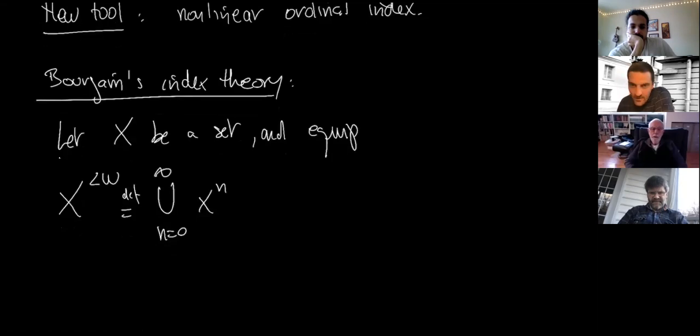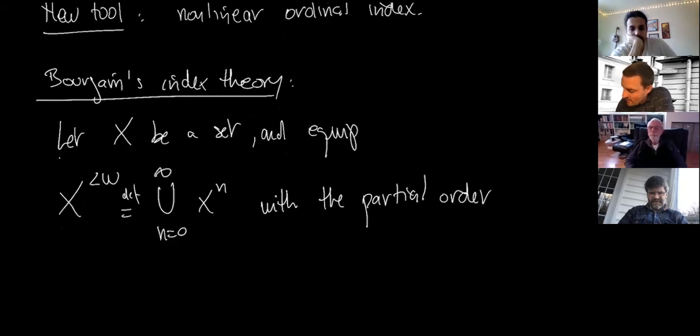Here I include the empty sequence, when n equals 0, and since these are finite sequences, there can be repetition. I equip this with the following partial order.